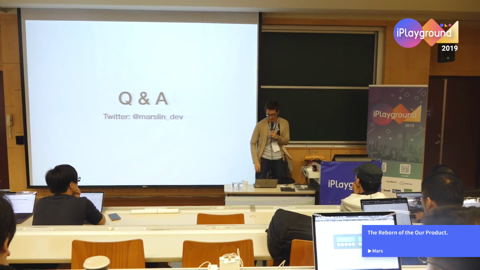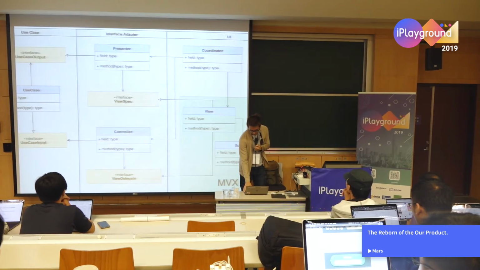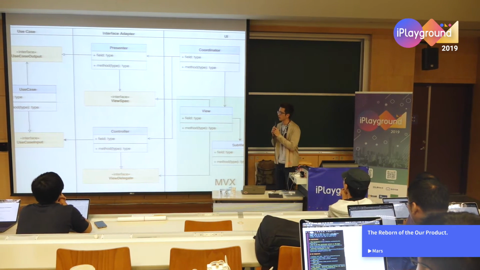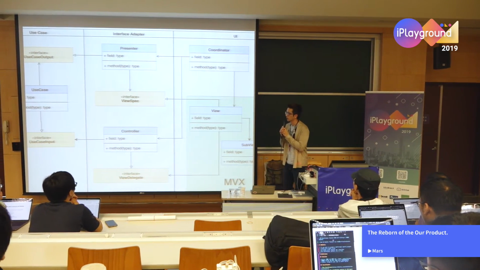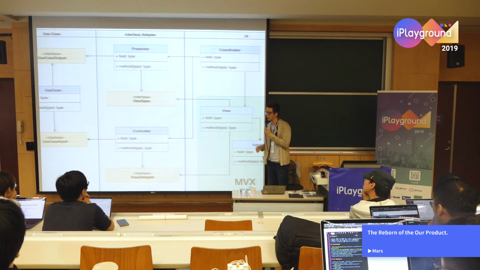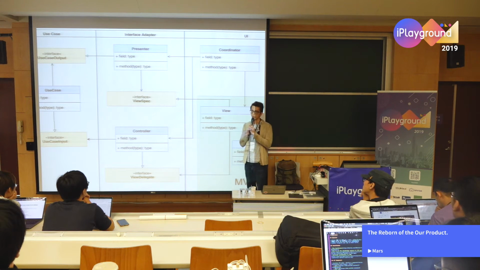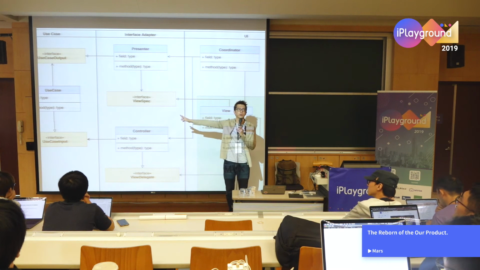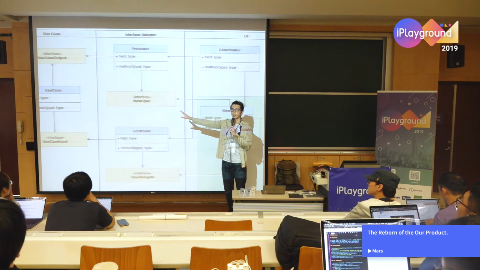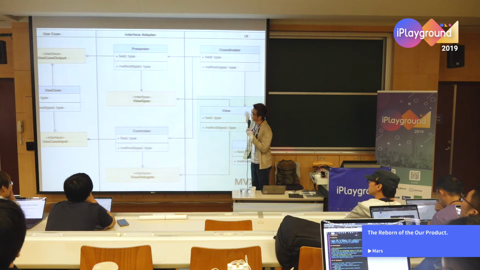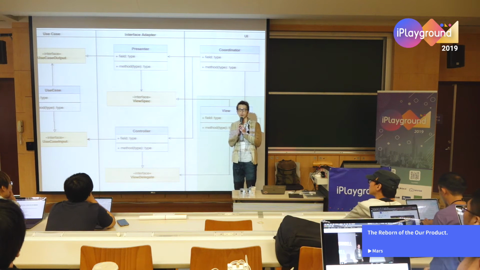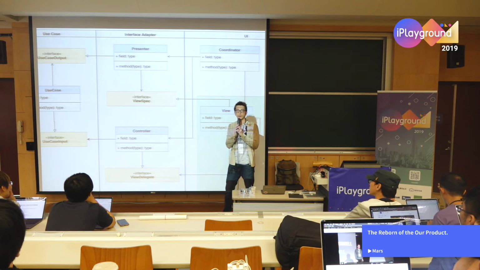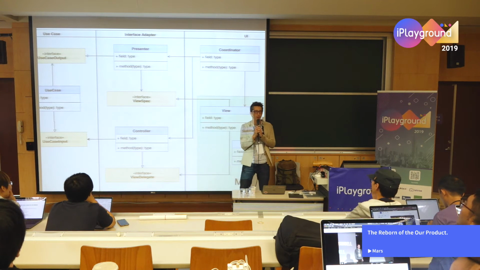Okay, I will try to answer this. As in the diagram I showed you, the main business logic will be put in the use case layer. So in the whole diagram, the most important part will be in the use case.